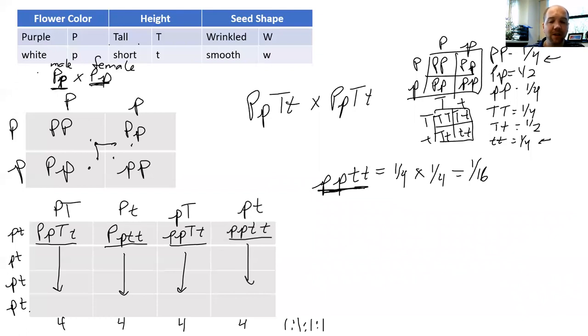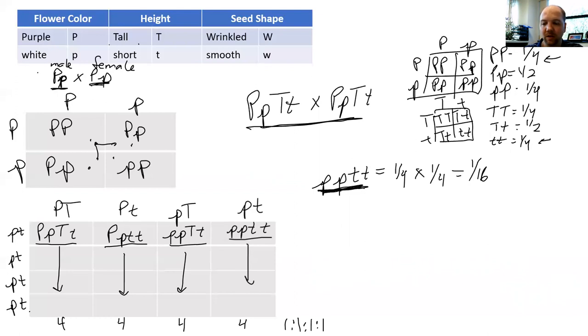Now, if you remember when we ran the Punnett square for this type of cross, when they're both heterozygotes, what we end up with is a 9 to 3 to 3 to 1 ratio, and 1/16 of the time is when we get those double homozygous recessives. And we can see that.